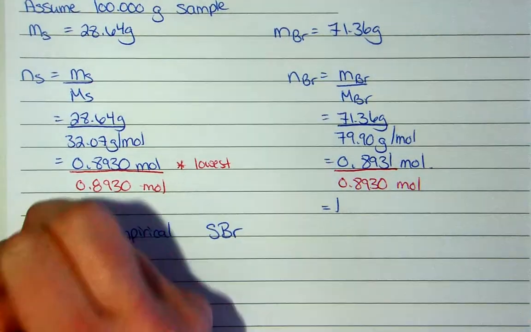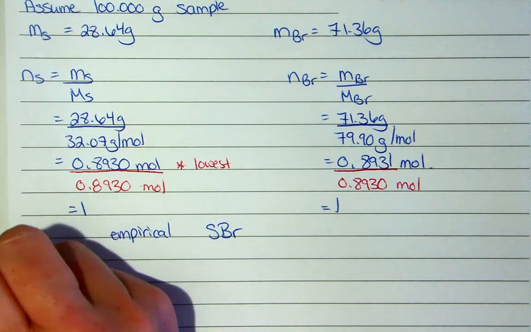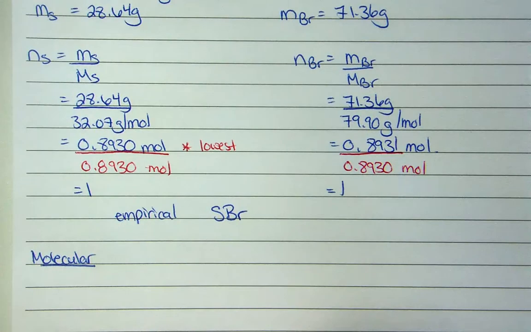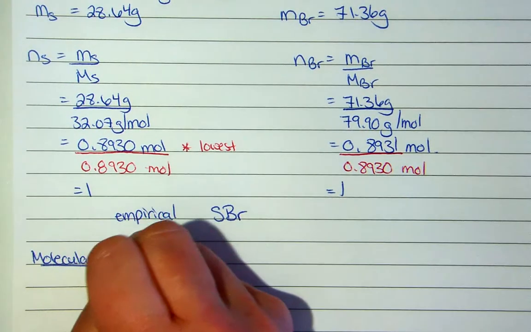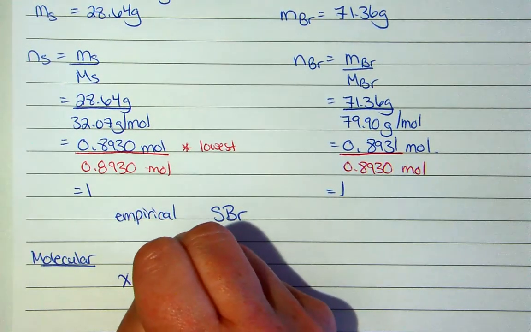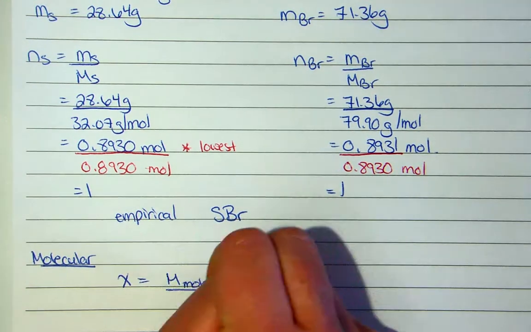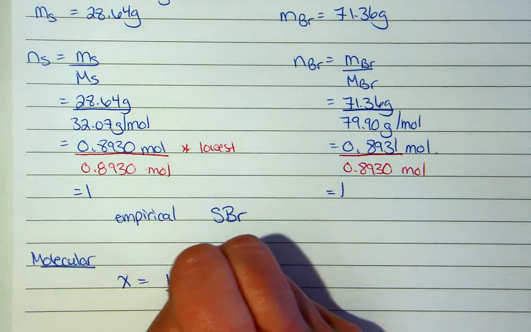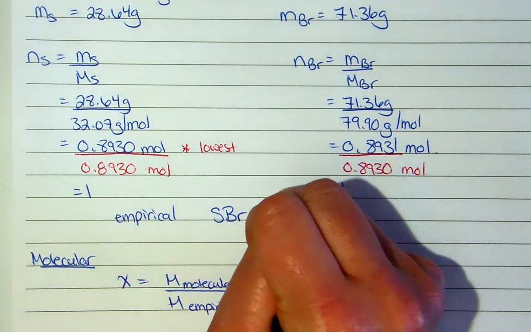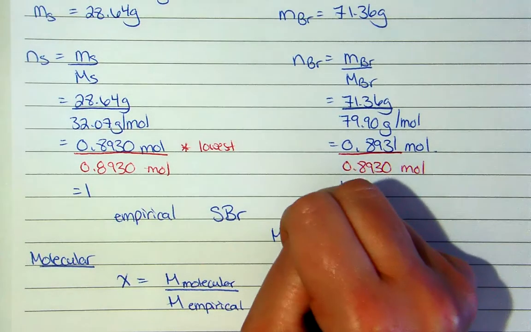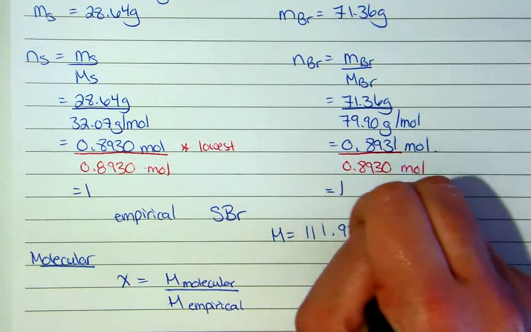Okay, now we need to find the molecular formula. So I'm going to find my scale factor. X is the molar mass of the molecular formula divided by the molar mass of the empirical formula, which, when I add the molar masses of sulfur and bromine together, is 111.97 grams per mole.